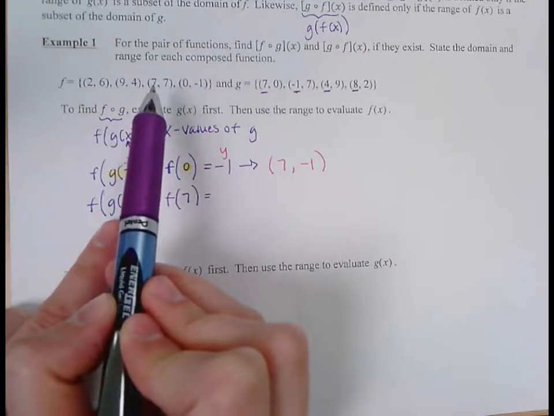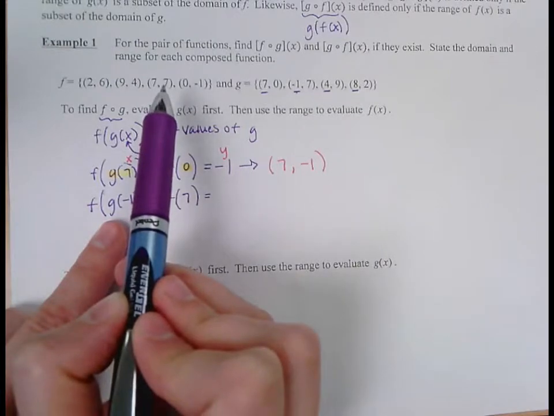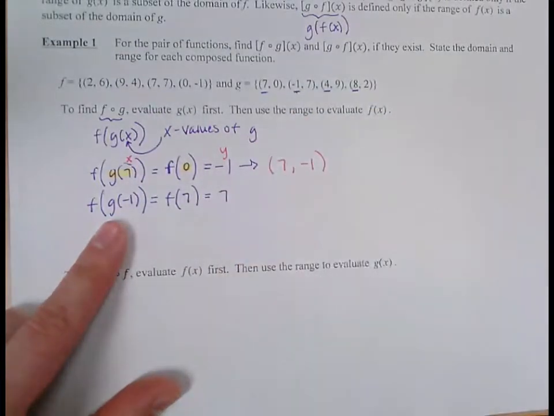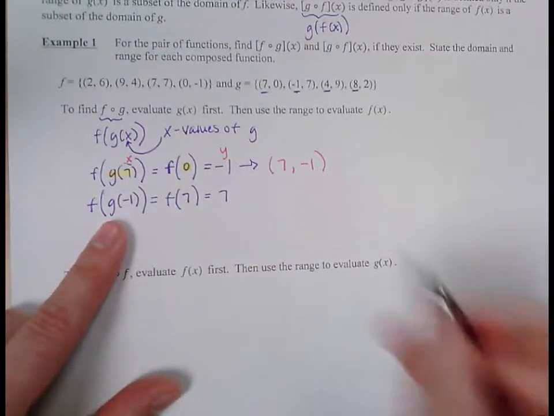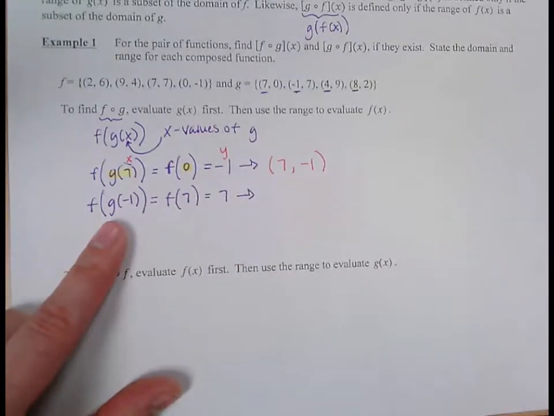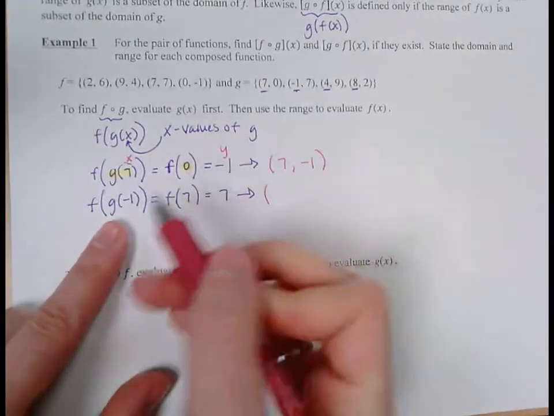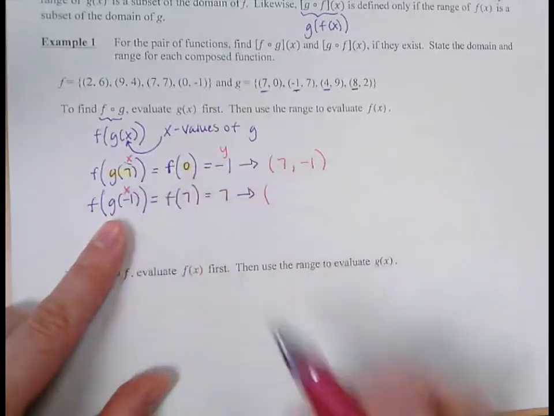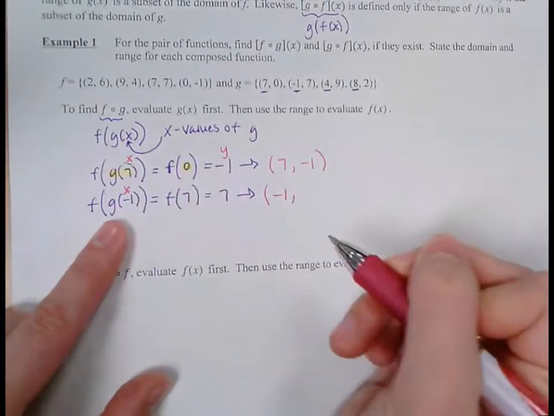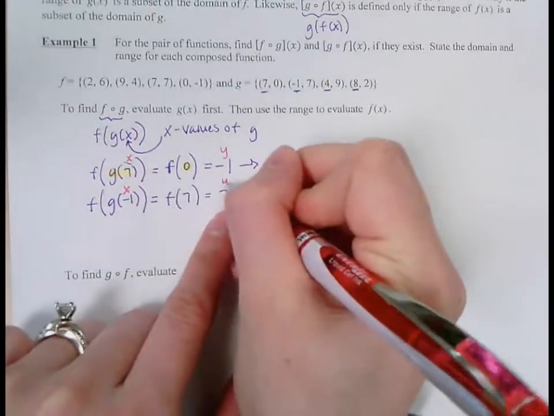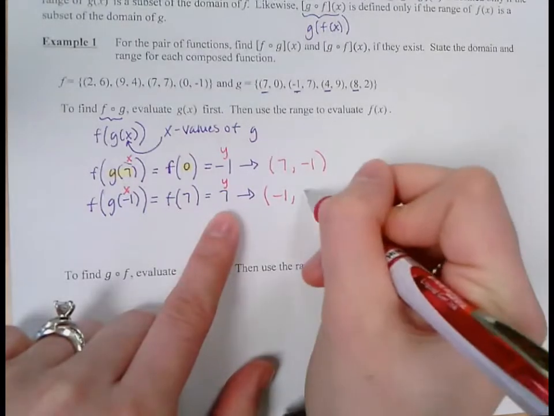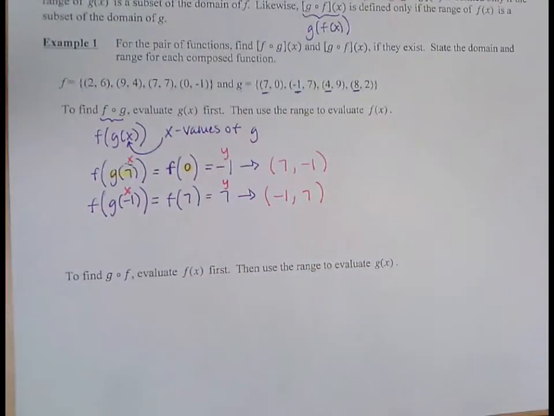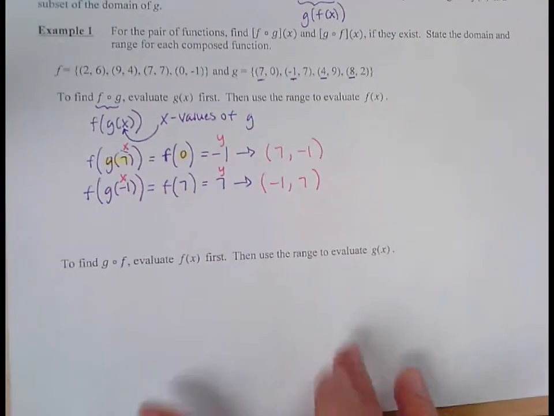And the third one does. The y value is also 7, so that equals 7. So then this ordered pair has an x value of negative 1, and the very ending y value is 7. So negative 1, 7 is another ordered pair.